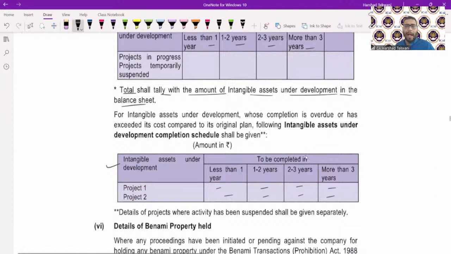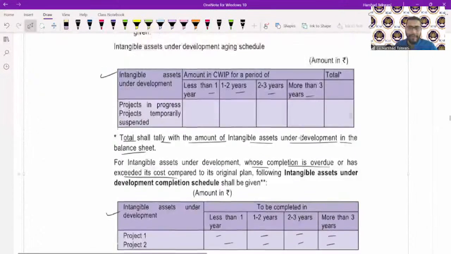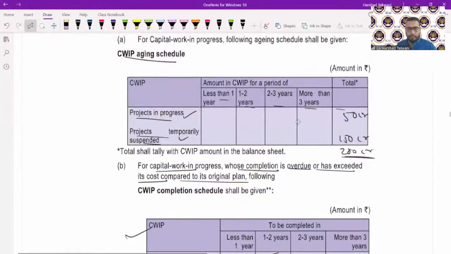For intangibles also, I need to provide which are overdue for completion and exceeded their cost. So in both areas, what do you need to disclose? One, aging. Under aging you need to provide which are in progress or which are suspended.